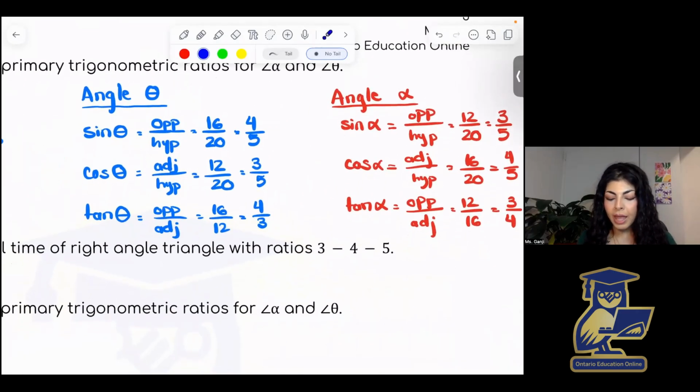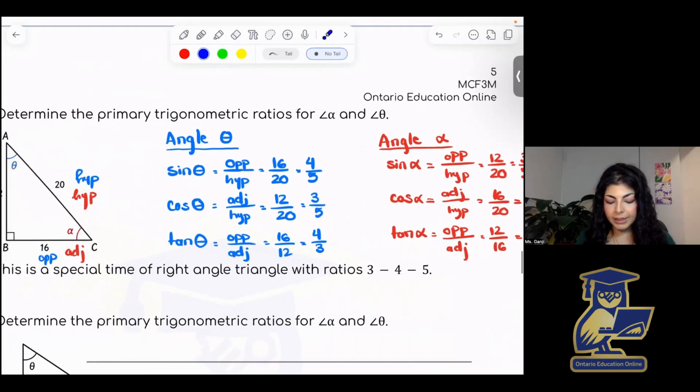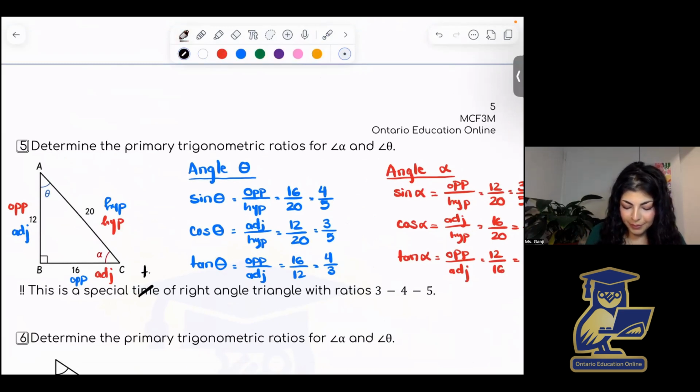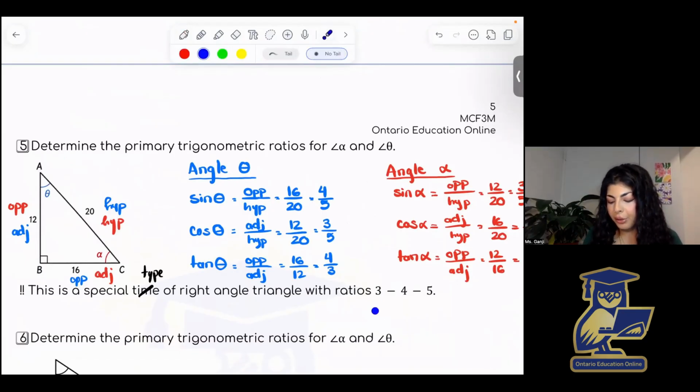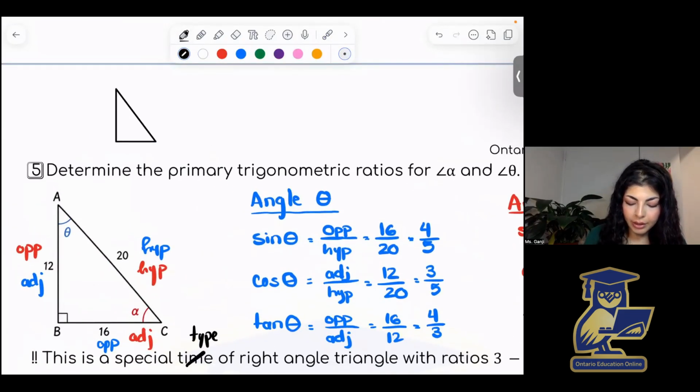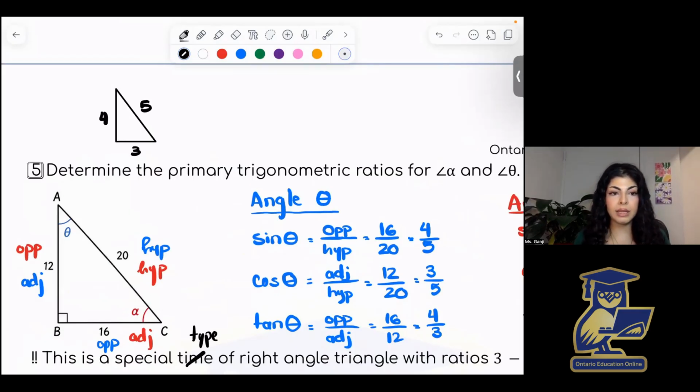In fact, we saw a few examples of this already and you didn't know it, but this is a special type of right angle triangle, and it's called the 3-4-5 triangle. It starts with a triangle that has a measurement of 3, 4, 5, in any unit. It can be centimeters, kilometers, whatever.